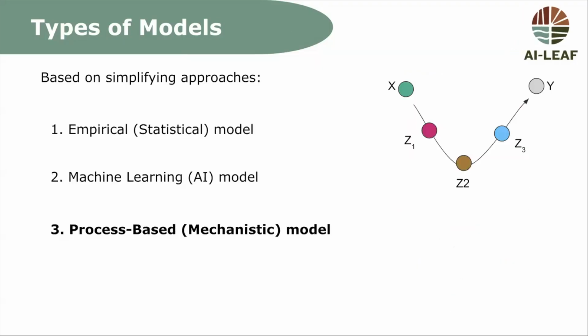For the process model, we consider that there are many intermediate processes, not a direct one. It's indirect, because in our real world, most relationships among things are not linear. They're non-linear. So we assume there may be more than 3 processes, like the 1, 2, 3, or 4.